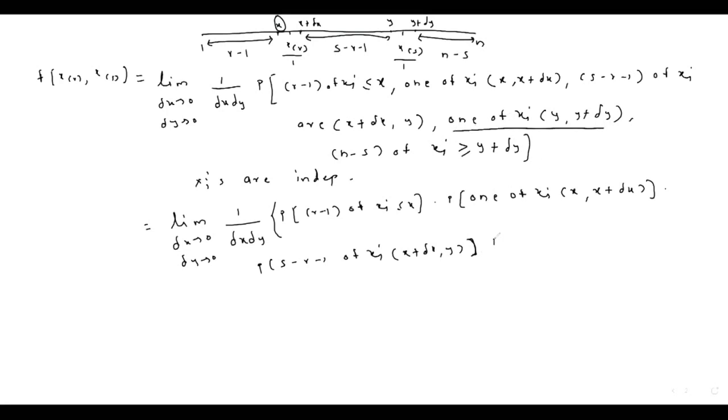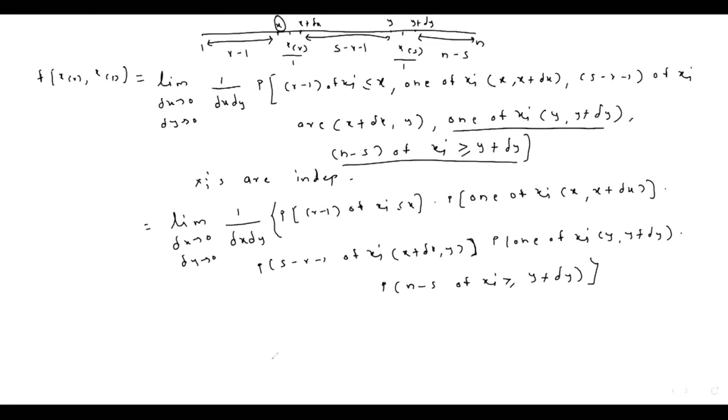So again I have probability that 1 of the xi is in between y to y plus delta y, into the last probability, that means this probability. So this probability is n minus s of the xi are greater than or equal to y plus delta y. Fine. Okay. So since the xi's are independent, I write this.